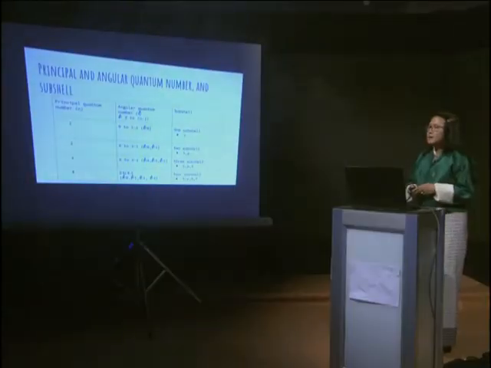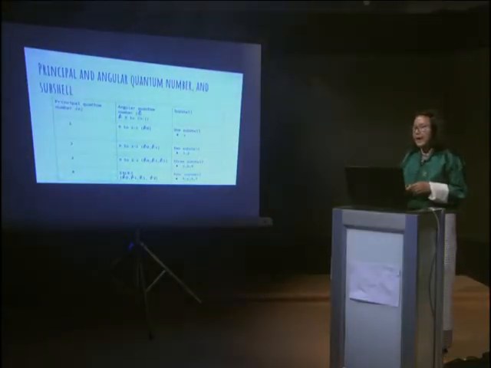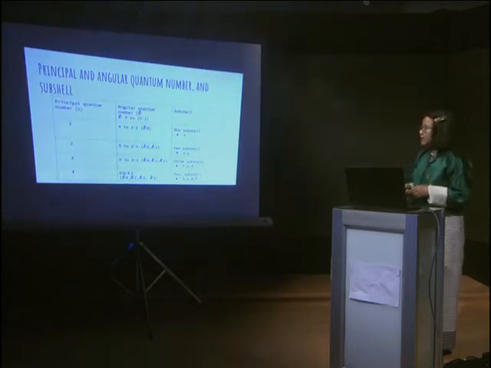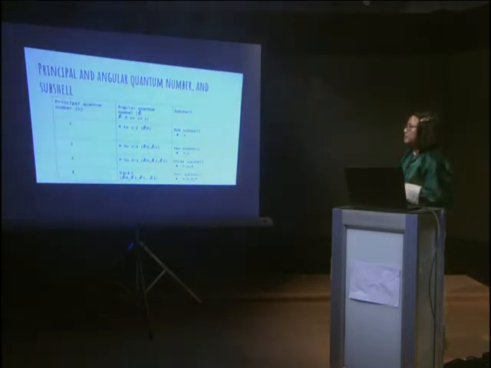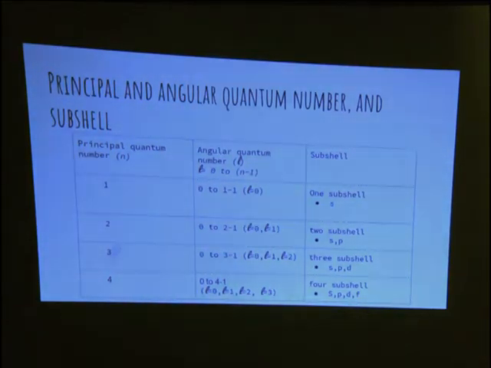Okay, now let's look deeper into principal and angular quantum number and subshell. So there is a relationship between principal and angular quantum number and the subshell. Here in the table you can see principal quantum number, angular quantum number and subshell. If the principal quantum number is 1, what is the value of angular quantum number? The angular quantum number can be determined using this formula: l, the value of angular quantum number, will be equal to 0 to n minus 1.